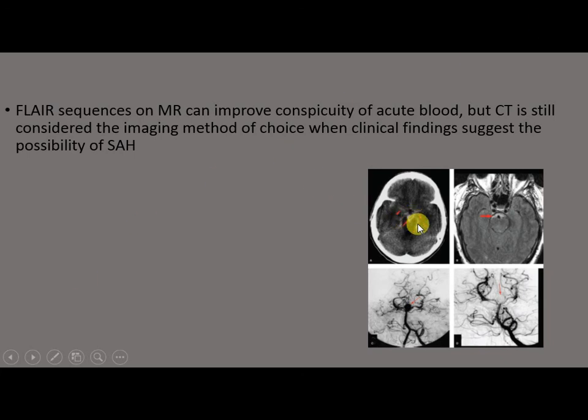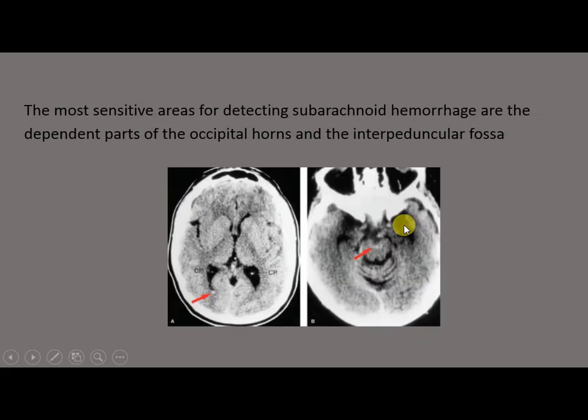When looking for subarachnoid hemorrhage, there are certain areas we must concentrate on, the dependent areas. For example, if there is a rupture in the anterior communicating artery or any other branch, we must, on CT or MR, look at the dependent portions for the hemorrhage.